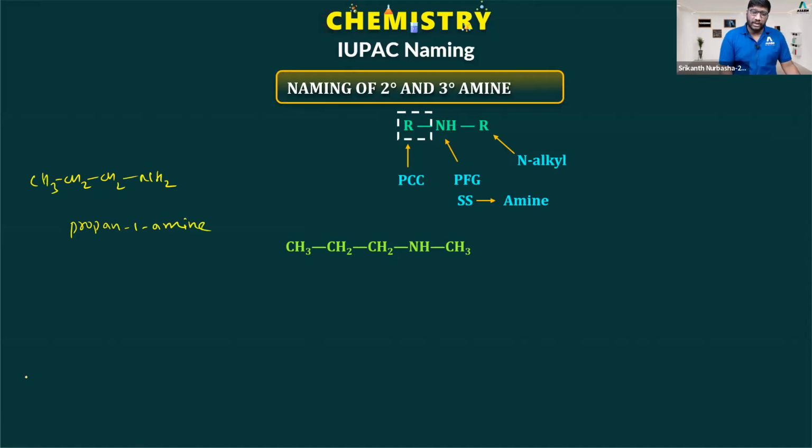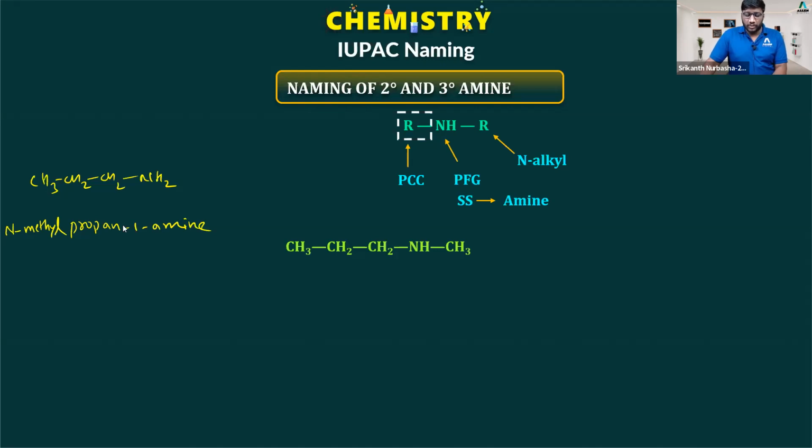But what change have we done here? On the nitrogen, whatever we have as NH2, one hydrogen has been replaced by a methyl group. So N-methyl propan-1-amine.